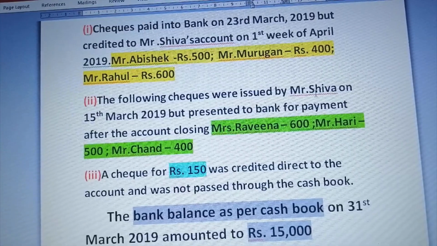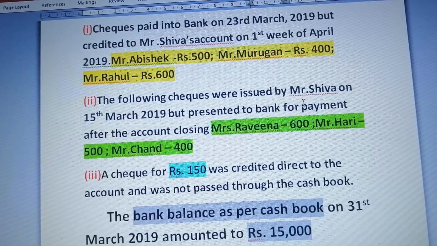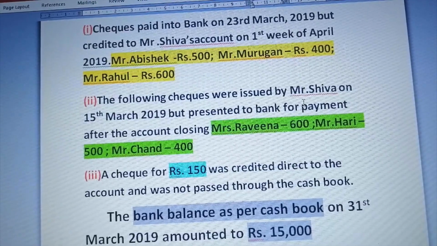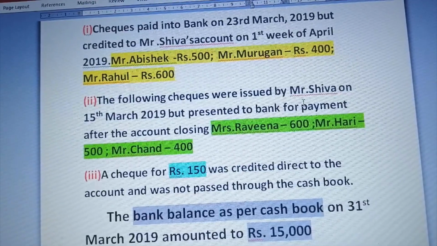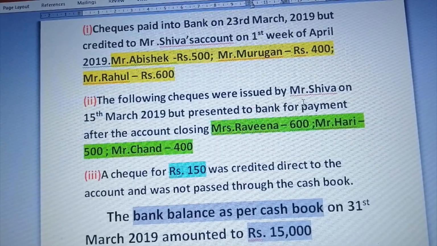Clear? In this case also, when Shiva issues this check, he will immediately make an entry in his cash book. Now we have to see what changes will happen in cash book as well as passbook. Okay, when he issues a check, what will happen? It will reduce the balance of his cash book.